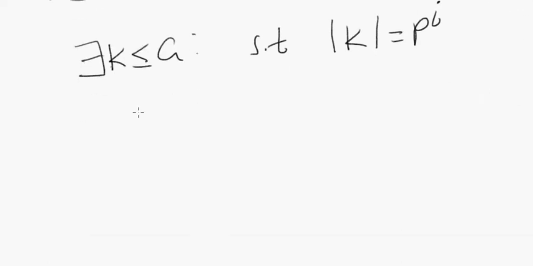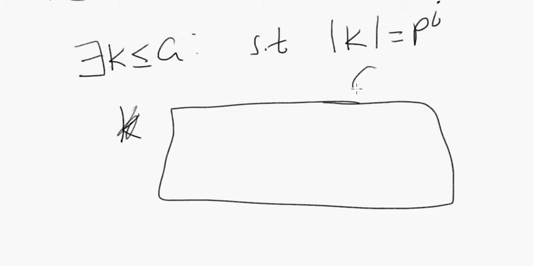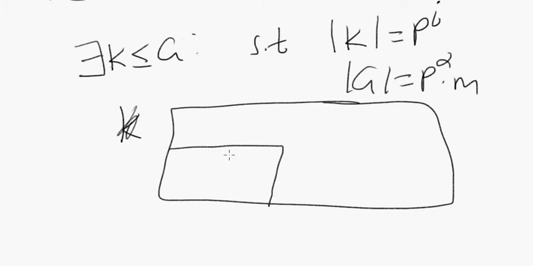Now, is there any way to extend the subgroup K? So we have the group G of order p to the alpha times m. We get some subgroup K of order p to the i, and then we extend it.